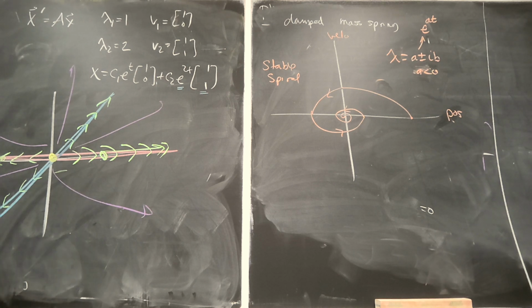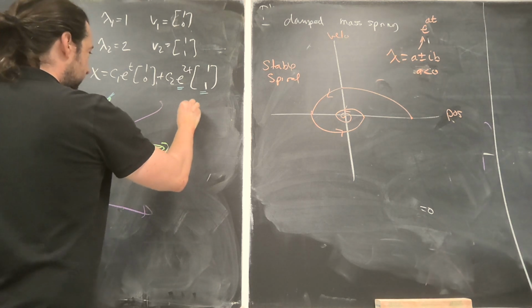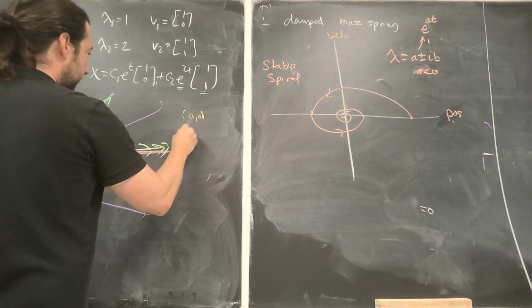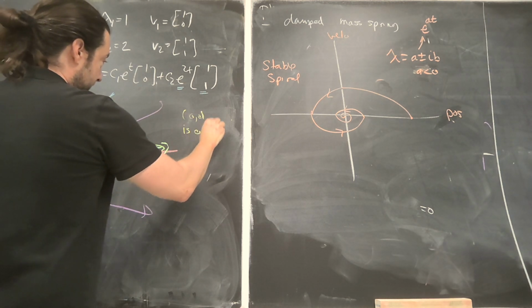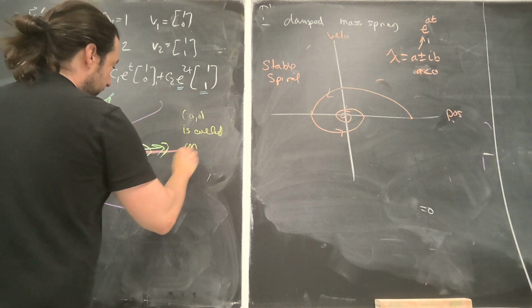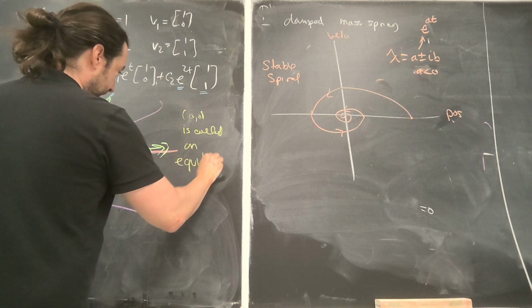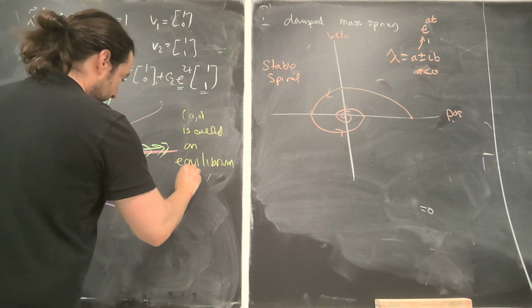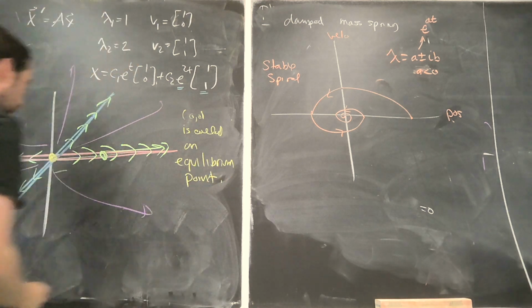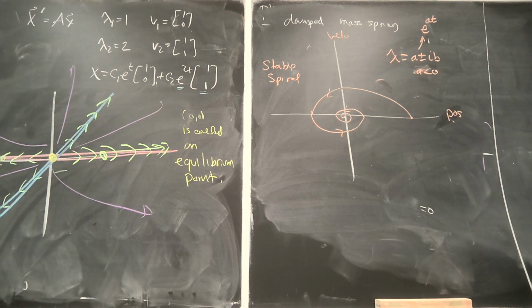So the point 0, 0 in the middle is called an equilibrium point. And the reason it's called an equilibrium point is because if you put 0, 0 in over here, you get x prime is equal to the vector 0, 0.